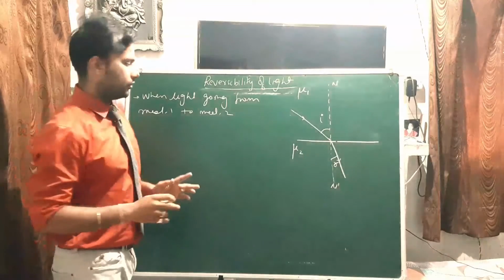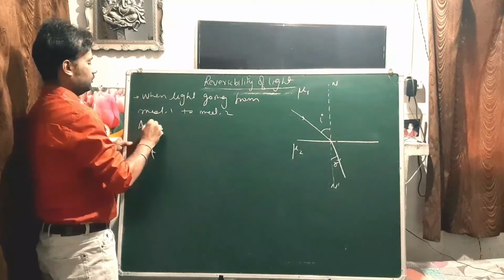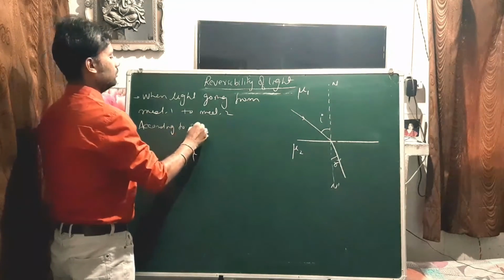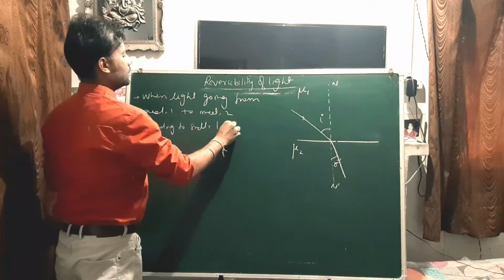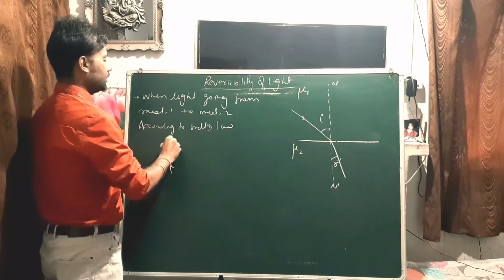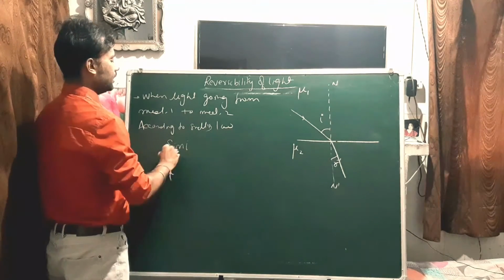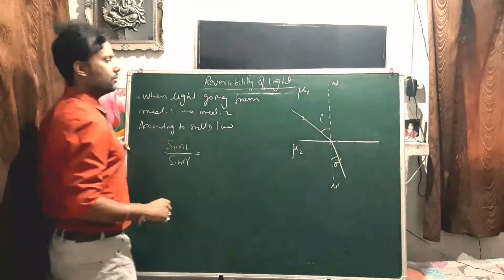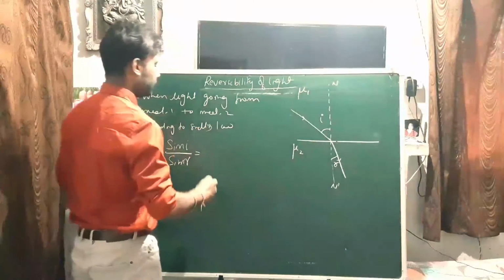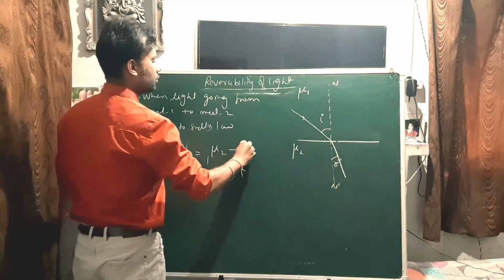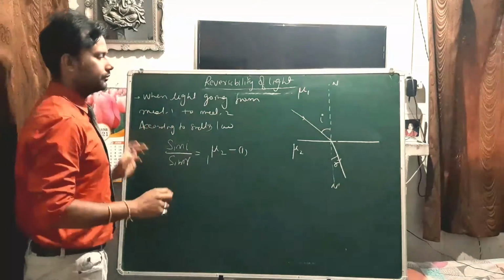According to Snell's law, sine i upon sine r equals, light is going from 1 to 2, that means 1 mu 2, equation number 1.